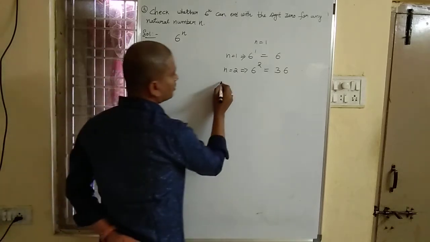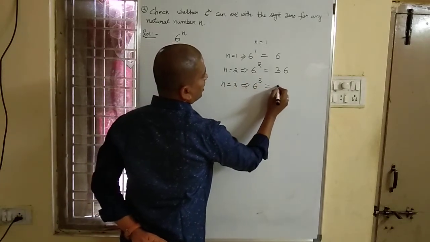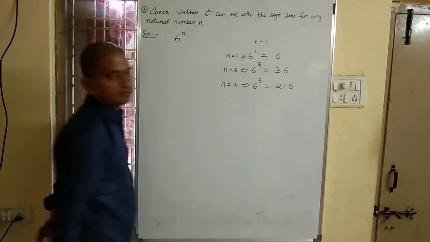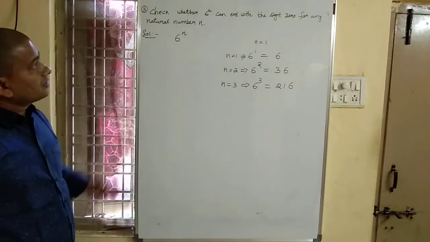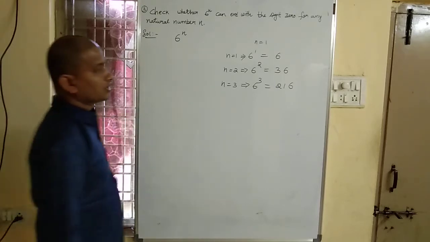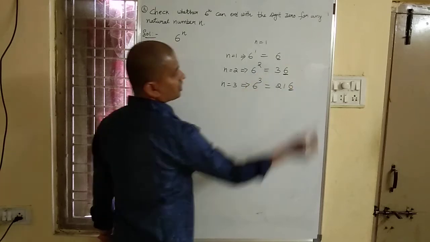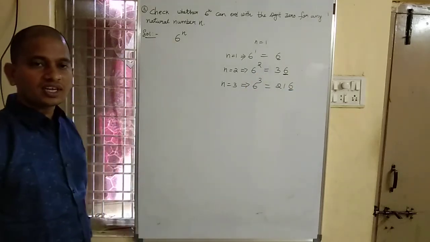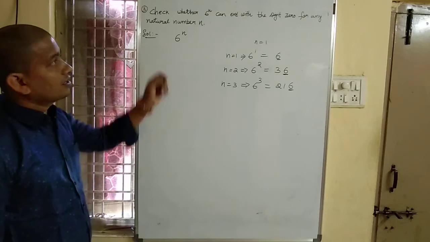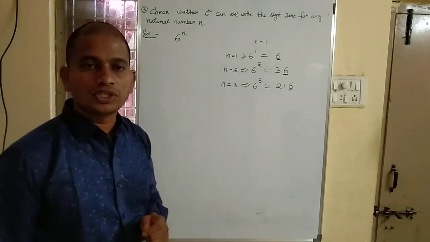If I take n equal to 3, 6 cube, that is equal to 216. You can see always it is ending with digit 6. I mean 6 power n can't end with digit 0. It cannot end with digit 0.